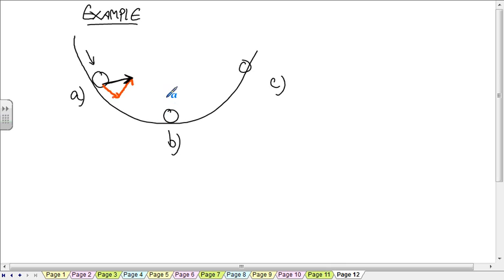All it's doing is changing direction because of this circular path. Since it's not speeding up or slowing down, there wouldn't be any part of the acceleration that's parallel to the velocity. The only acceleration would be making it change directions. So that would be the acceleration here.